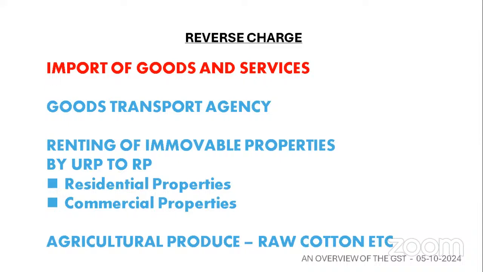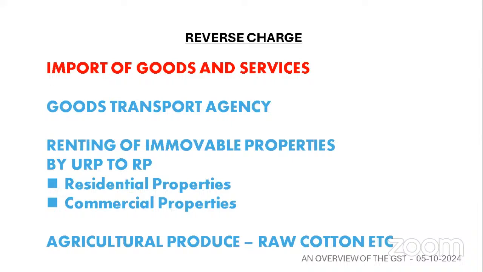Therefore, the residential house property is used for the purpose of the business, not for the purpose of own residence. Therefore, even in the case of companies, the residential properties and commercial properties obtained from unregistered persons on rental basis are liable to GST under the reverse charge mechanism.